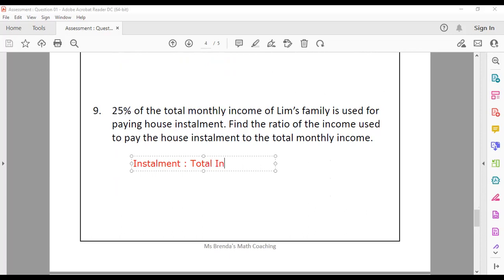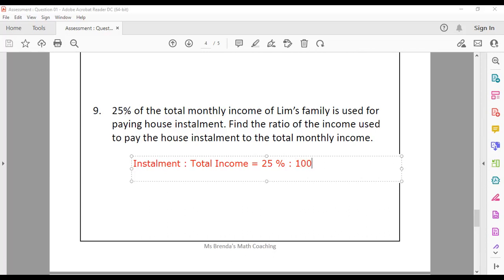Correct or not? Installment to income. So, according to the story, 25% of the total monthly income is used to pay installment. So this is 25%. And what is the total monthly income?